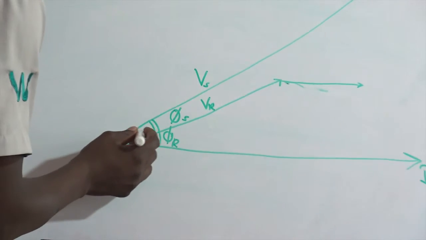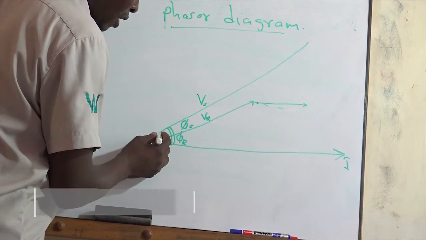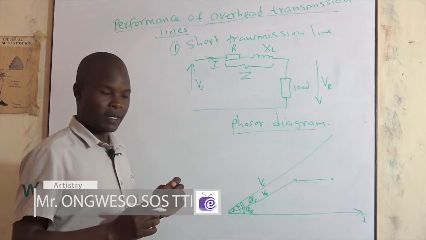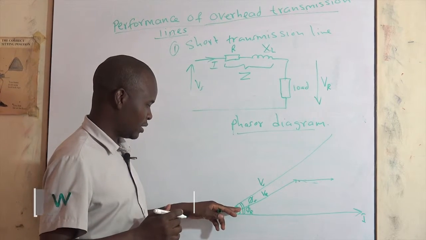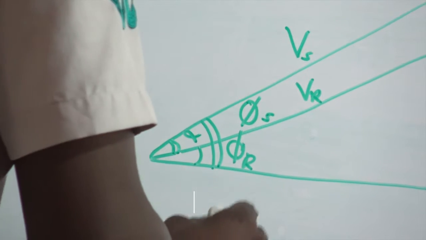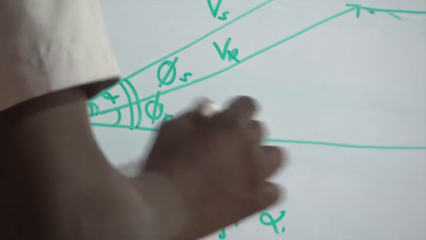Between Vr and Vs, we have a small angle, we call it alpha. So alpha is the difference between Vr and Vs, and phi S is given by phi R plus alpha.